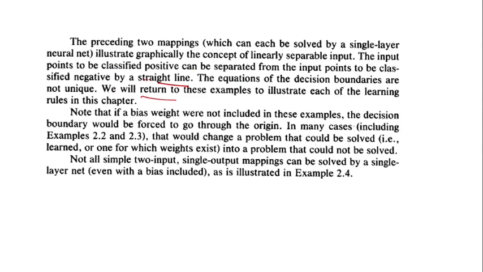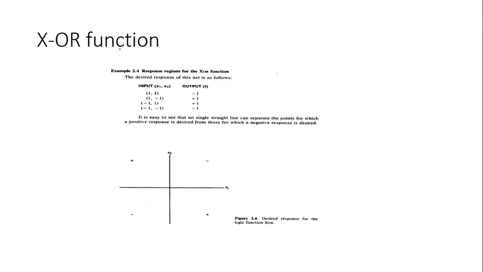So this is done for the AND function and the OR function, but the problem starts when it is an XOR function. You know that the XOR function is somewhat different, right? In XOR, when the inputs are complementary, if one input is 1 and another input is minus 1, then only the positive responses come. When it is 1 and 0, you get 1, or if it is 0 and 1, you get 1. We are not writing 0, we are writing minus 1.